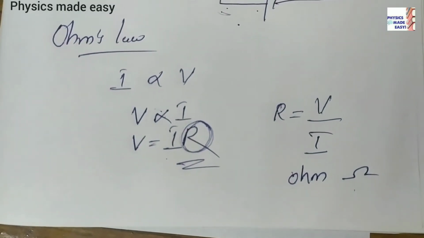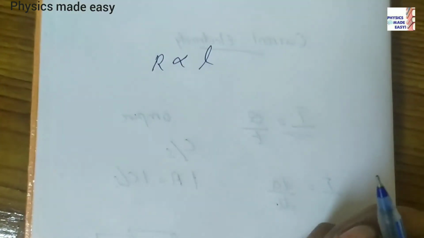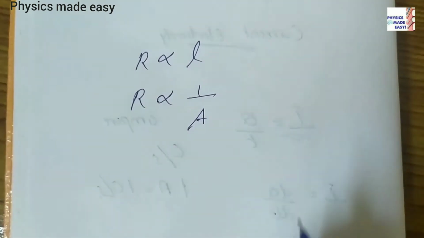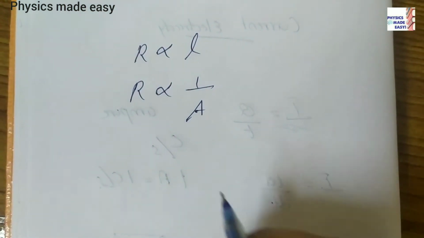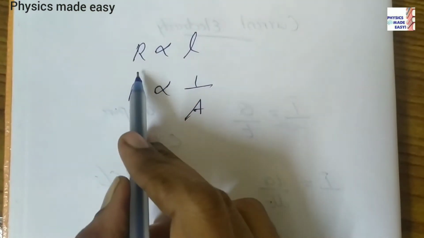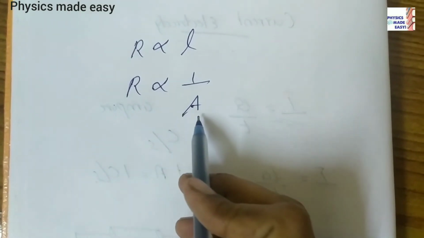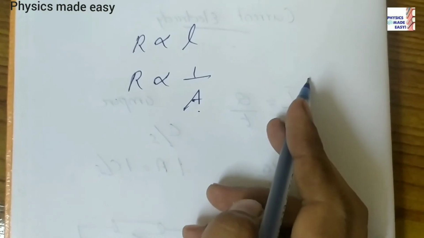Then you know resistance of a conductor is directly proportional to L. Resistance of a conductor is inversely proportional to area of cross section. So here we can say the resistance of a conductor depends on length of a conductor and area of cross section, then nature of the material also.